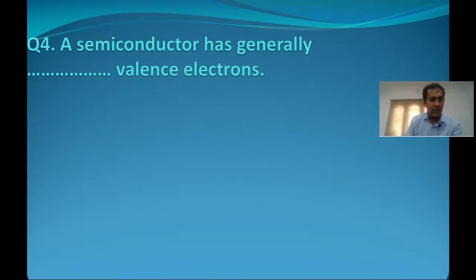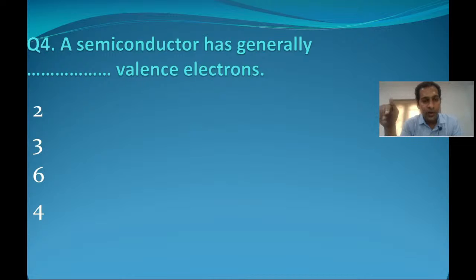The next question is, a semiconductor has generally dash dash valence electrons. How many valence electrons? Where do we have valence electrons? In the outermost shell of the atom. In the outermost shell of an atom, there is a fixed number of electrons rotating.